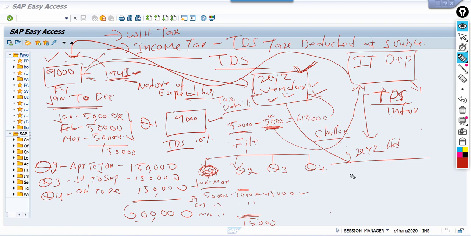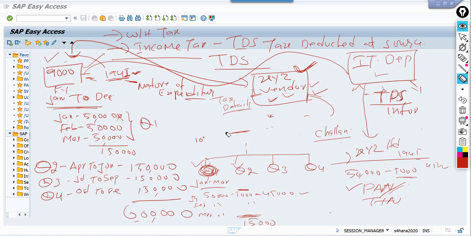The return will be like this: what is the total amount you are paying towards the rent? 50,000. 5,000 we are deducting as per 194I. We are paying 45,000. We are also going to have the PAN number, permanent account number in the Indian context, or TIN, tax information number. In the Indian context we have PAN only. So complete details of the vendor are provided in these returns. This way the department will have the complete picture of the vendor.